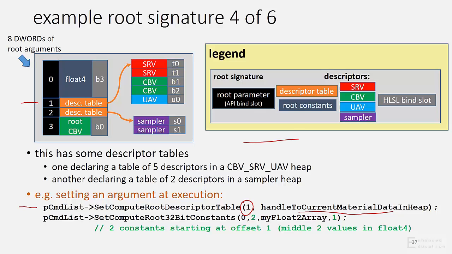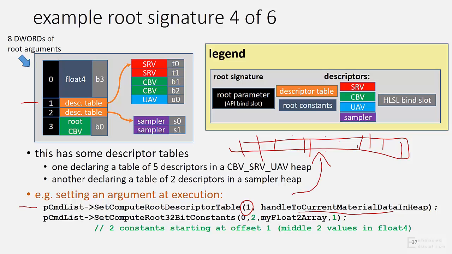And so if you imagine some large descriptor heap containing all kinds of descriptors, setting a handle to a particular location in a descriptor heap as a descriptor table argument tells the hardware to find, or a shader to find, in this case, this set of 5 descriptors in this range of the descriptor heap, starting at where the handle points.